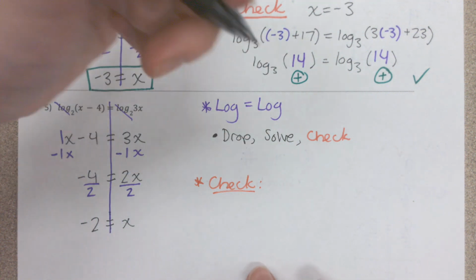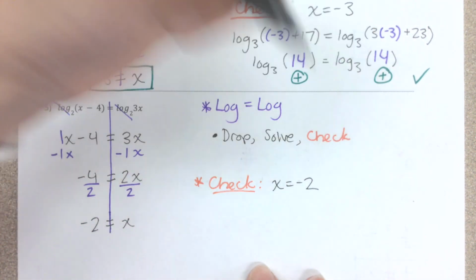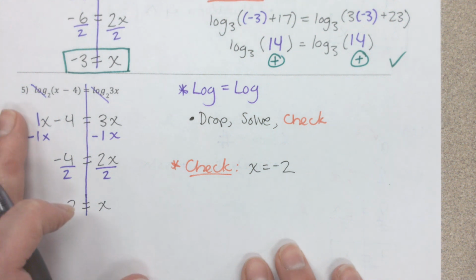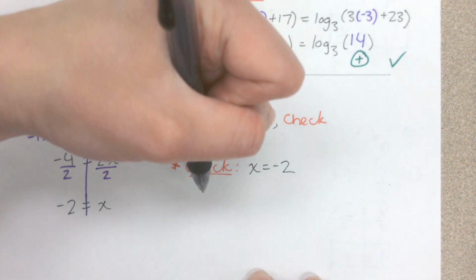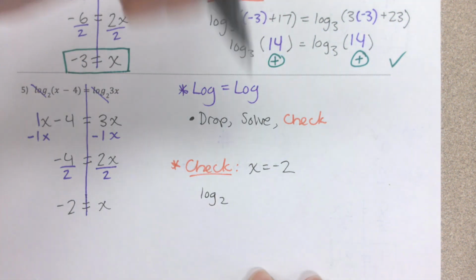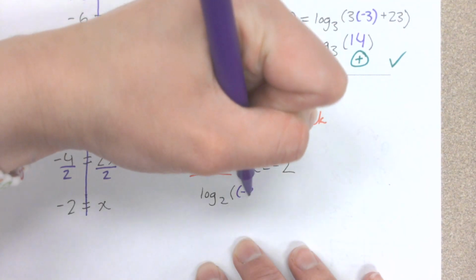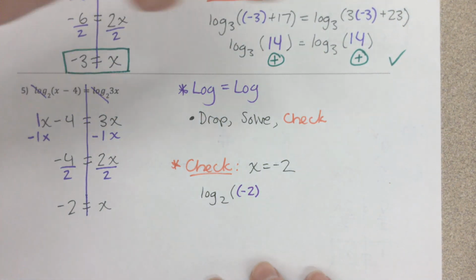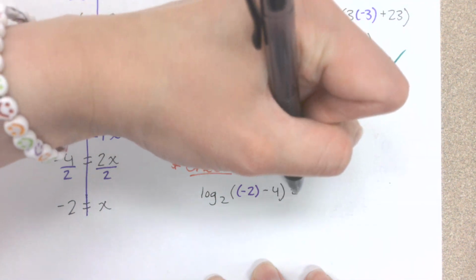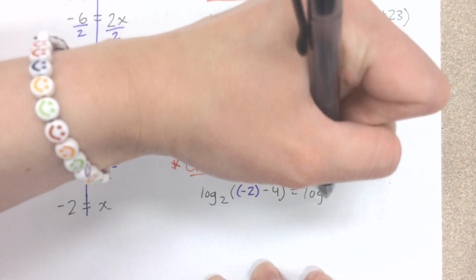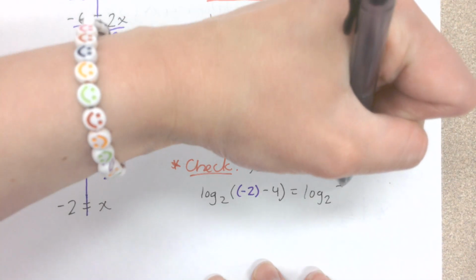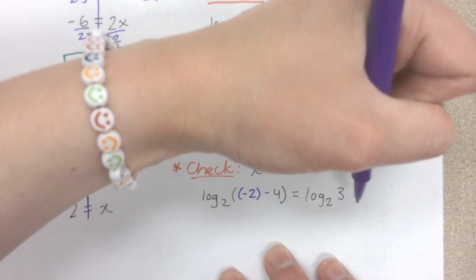We are checking the answer, x equals negative 2, and put it back in the original equation. Log base 2 of x, which is negative 2, minus 4 equals log base 2 of 3 times x, which is negative 2.